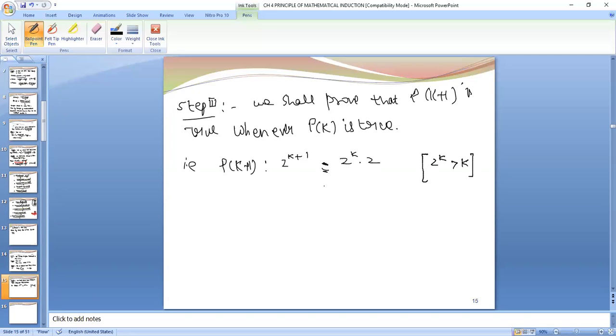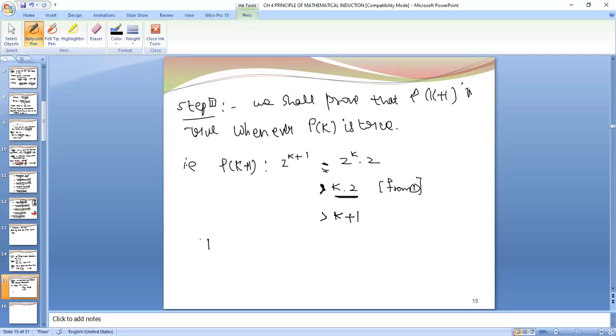So this can be written as greater than k into 2, from number 1. I was otherwise thinking of a different method, but I think this is easy. So 2^(k+1) is equal to 2 raised to power k into 2. Since 2^k is greater than k, instead of equal to, I am putting greater than k into 2 as it is, which means it is now 2k, which is greater than k plus 1.